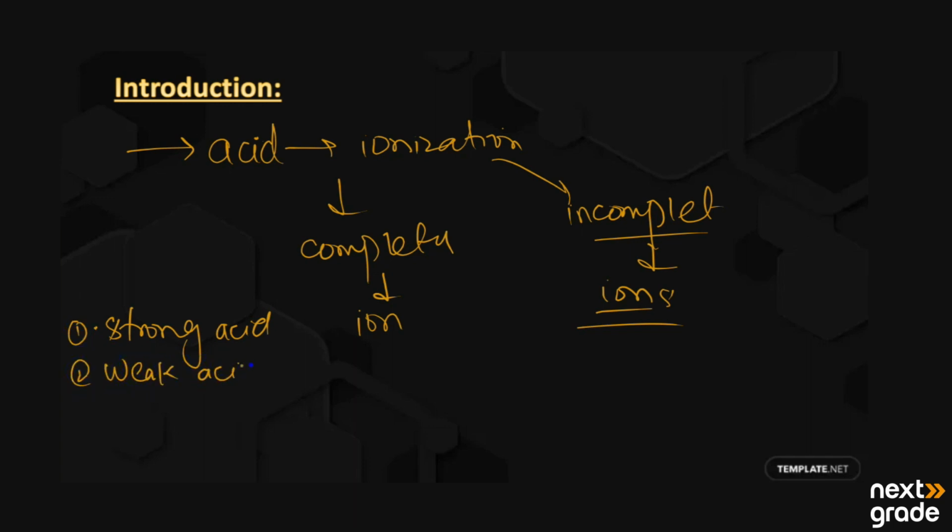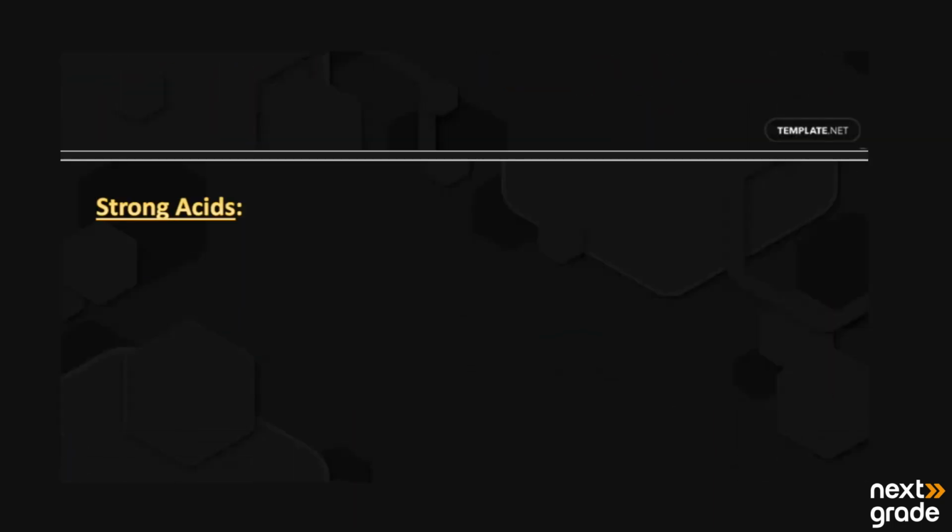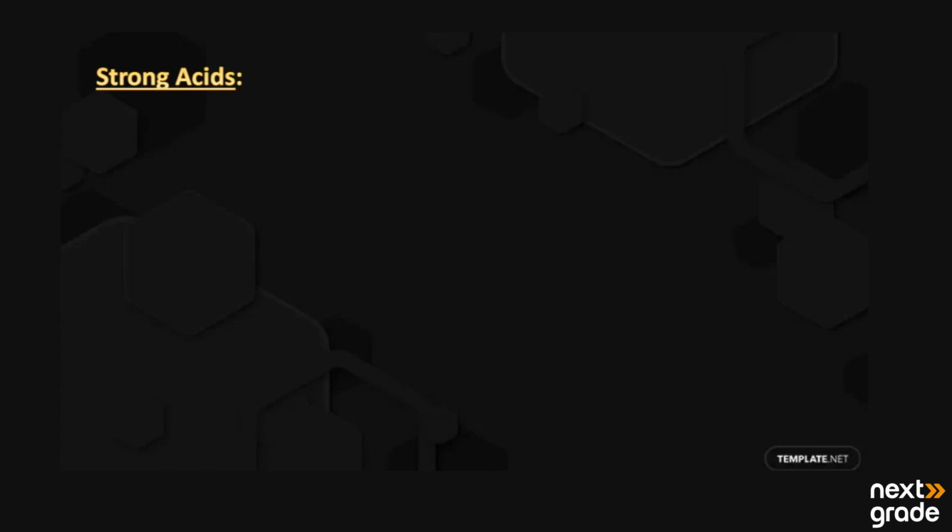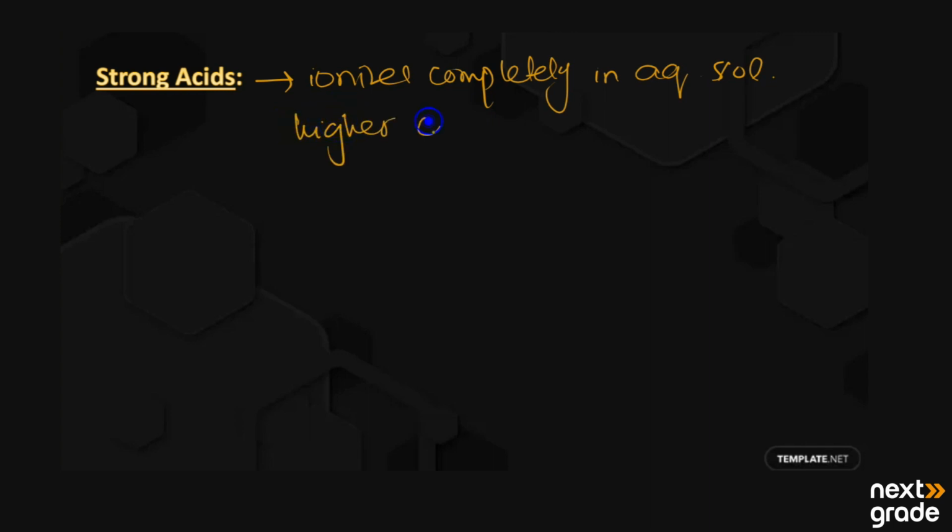Let's have a look at what type of acids fall under the category of strong acids and weak acids. A strong acid is one that ionizes completely in an aqueous solution and gives a higher concentration of H positive ions in water.